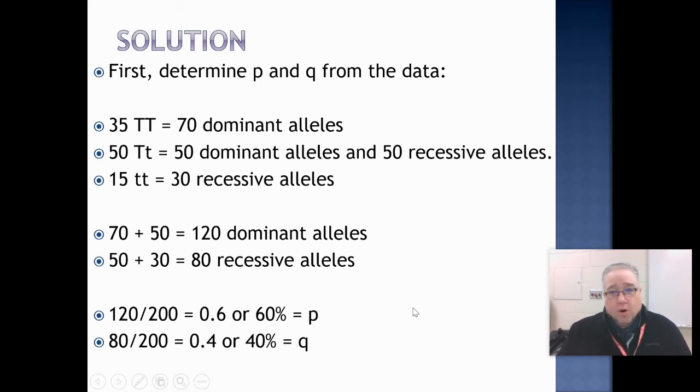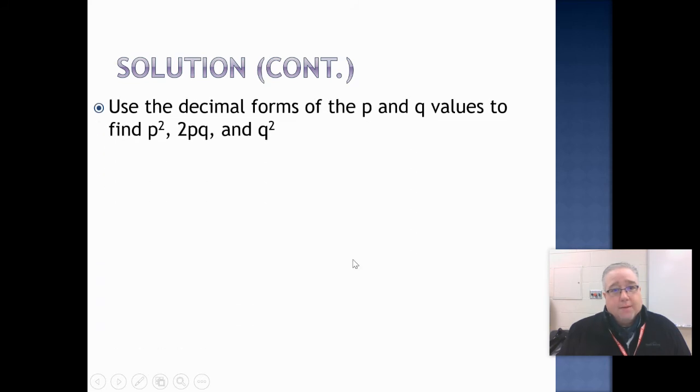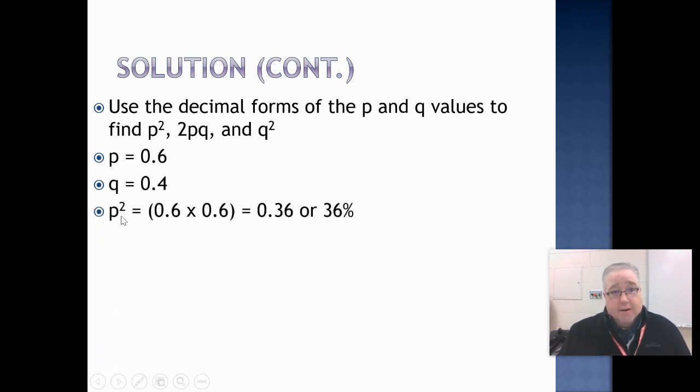Now when we use that Hardy-Weinberg equation, we're going to use the decimals here. We're not going to use the percentages. So if I want to figure out what P squared, 2PQ, and Q squared are, all we have to do is simply use these P and Q values and base everything off of that. So P squared, for example, 0.6 times 0.6, right?